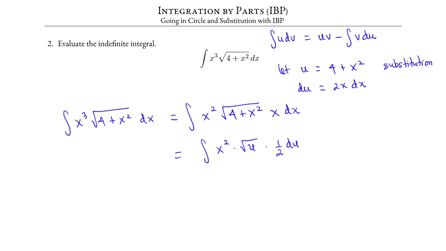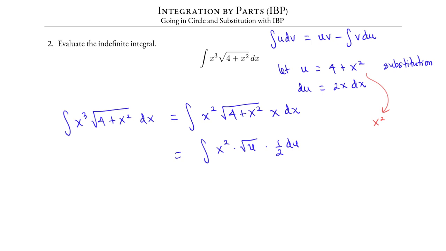Some might not be happy with this expression because the variable of integration is now u, but there's x squared in it. We need to find a way to rewrite x squared in terms of u. The relationship between u and x is that u equals 4 plus x squared.